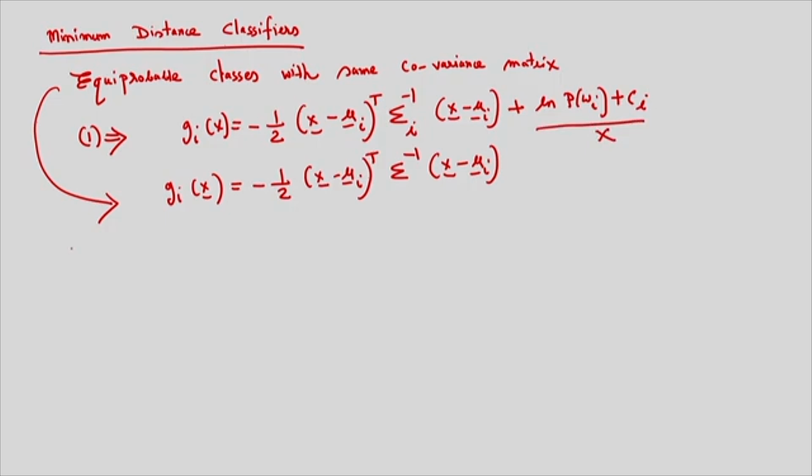Now the first case we are considering: suppose sigma, the covariance matrix, is a diagonal covariance matrix.